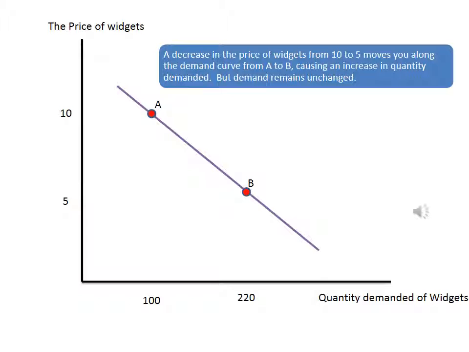What you do is you change the quantity demanded of widgets, because quantity demanded is just a number. It's like saying you want 220 widgets, whereas the demand for widgets is the entire relationship between price and quantity and is given by the whole line, whereas the quantity demanded of widgets is just a single point.